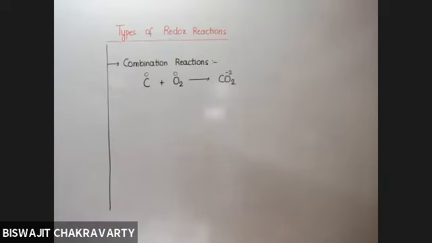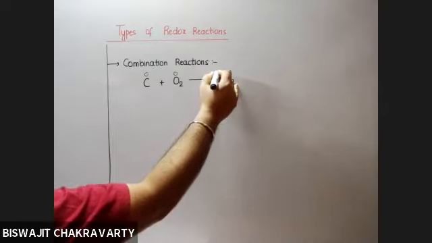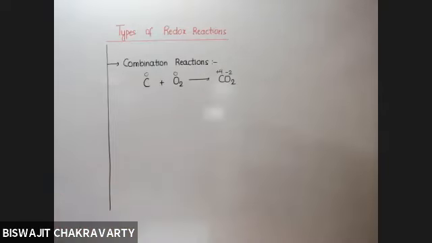And what oxidation state will be shown by carbon? +4. So it is a redox reaction, and in this type of redox reaction the elements are combining. So all those redox reactions where addition of molecules is taking place are referred to as combination reactions.